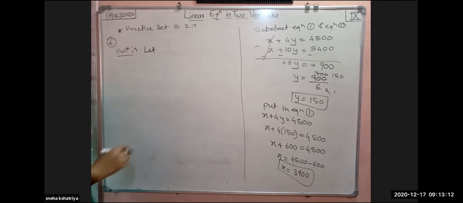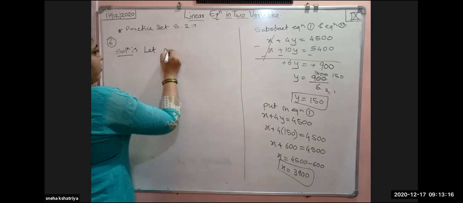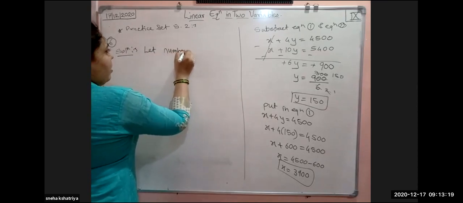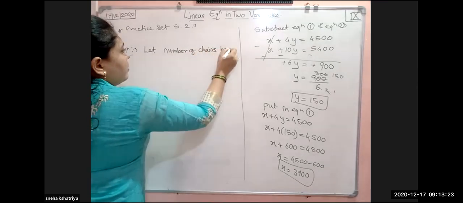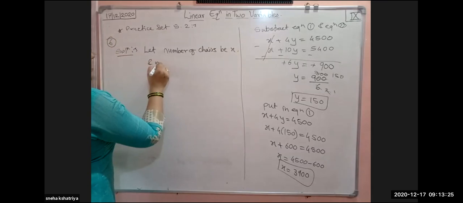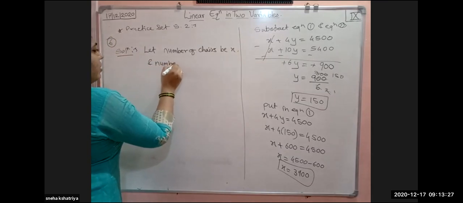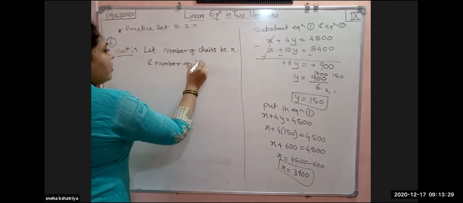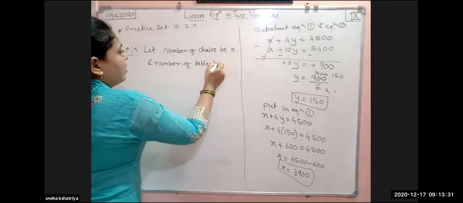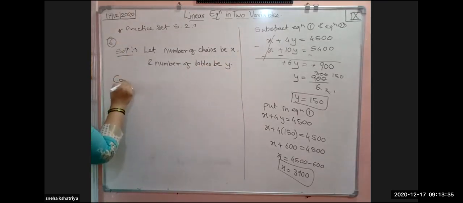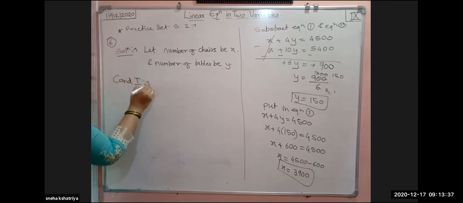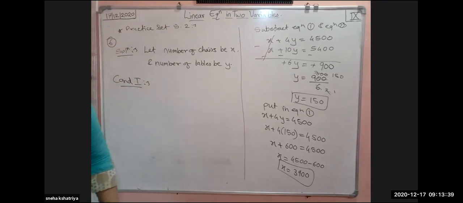Let the number of chairs be x and the number of tables be y. Okay. Condition first. What is the first condition given to us?